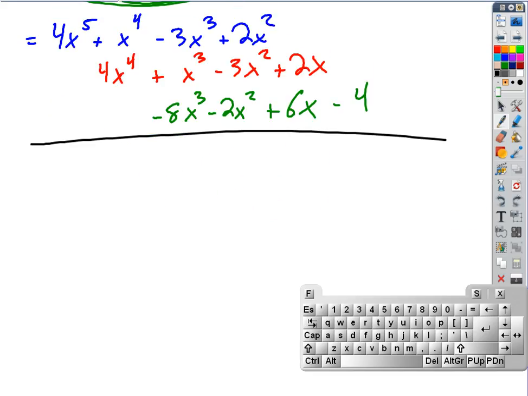What do we get here? Minus 10. Oh, whoops, fifth. You're right. Sorry. And then the 2's cancel, so I just get minus 3x squared plus 8x minus 4. Done.